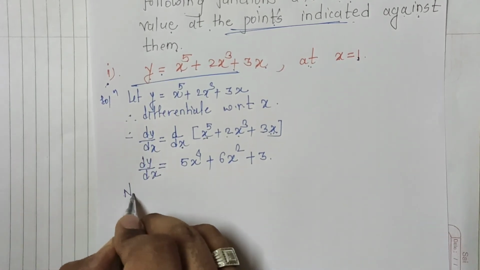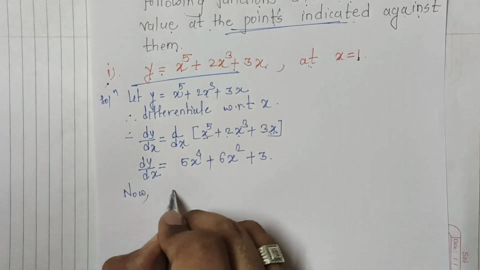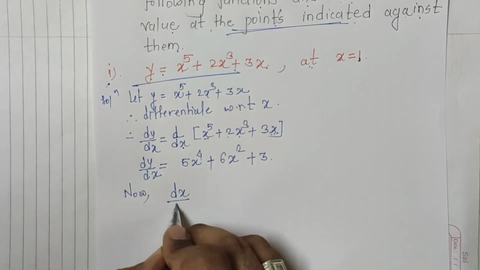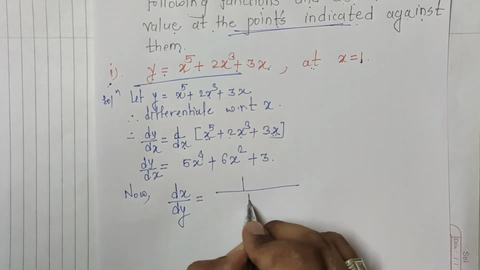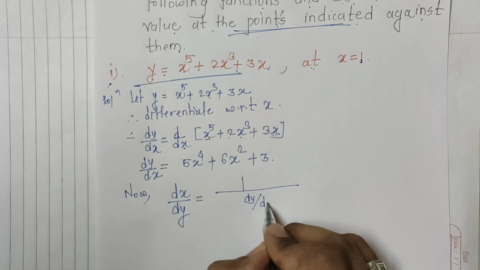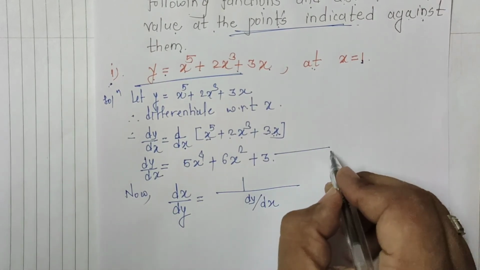Now by using the inverse function formula, dx upon dy is equal to 1 upon dy by dx. What is dy by dx?